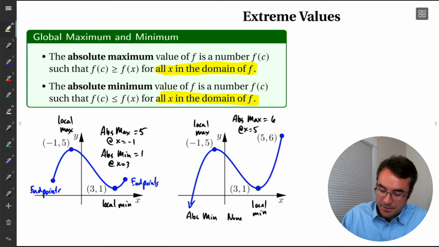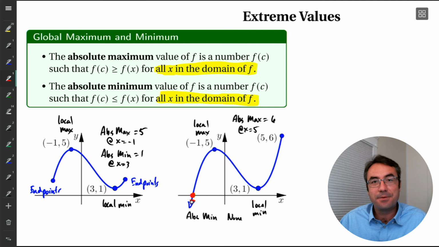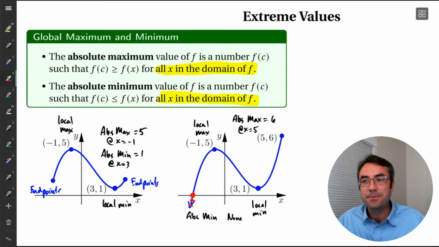You might think this point was my absolute min, but eventually the graph goes below that, and I could find another point that's lower. I could keep playing this game of getting lower and lower. The fact that I can get as low as I need to means there's no absolute min. So there's a local min, but there's no absolute min.